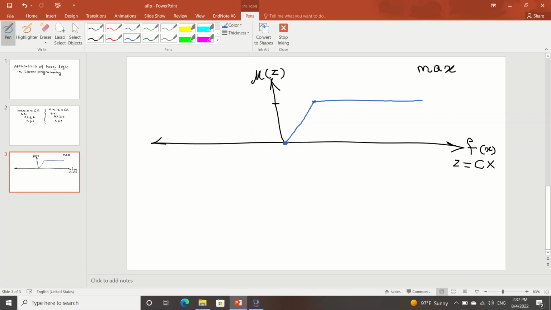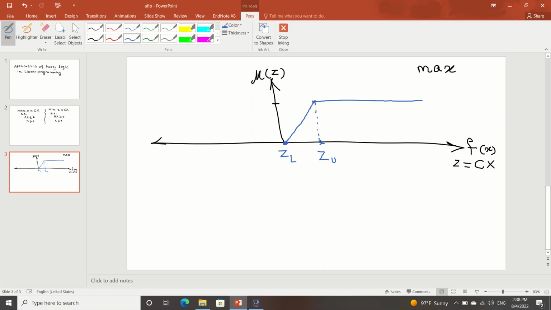We call this point z uppercase L, z lower, the lower bound for the objective function. And this point is called z upper, the upper bound for the objective function, so that after z upper, the membership degree equals 1.